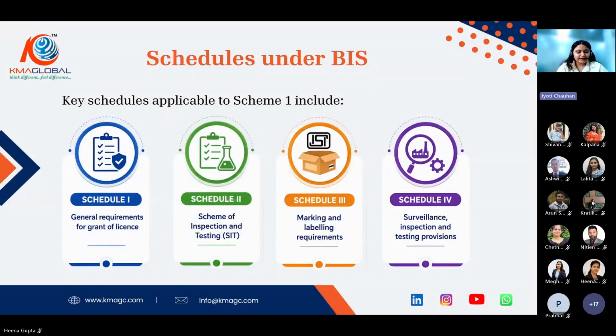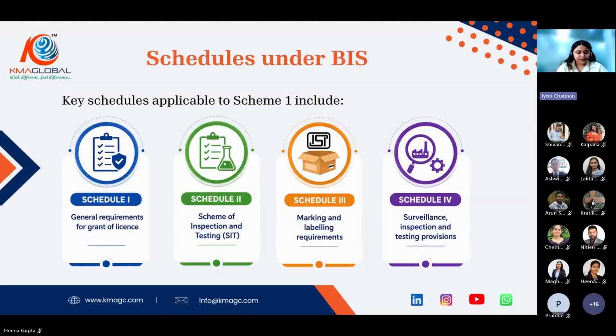Schedule 2 contains the scheme of inspection and testing, which defines the quality control measures and routine testing to be followed by the manufacturer. Schedule 3, marking and labeling requirements, explains how the Indian Standard mark, or ISI mark, should be displayed on the certified product.